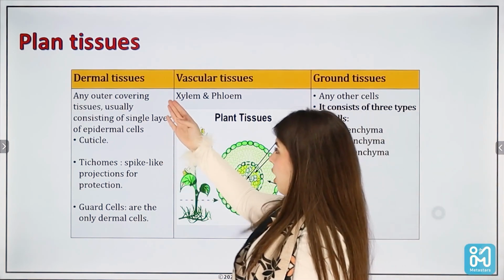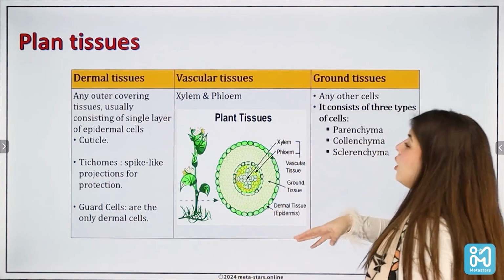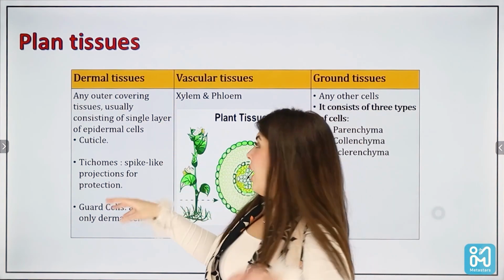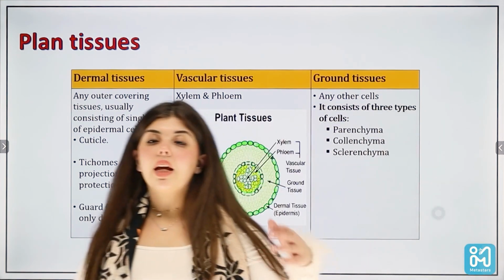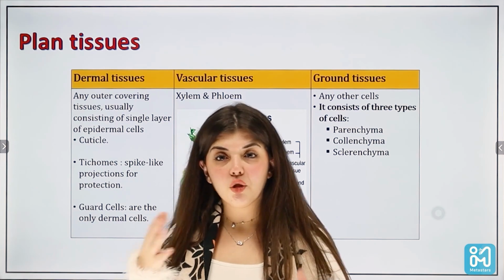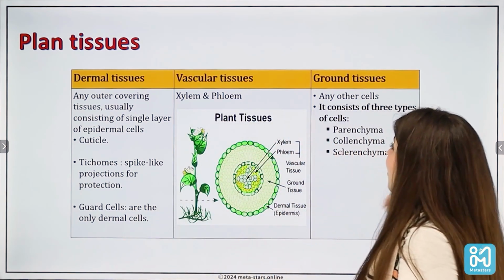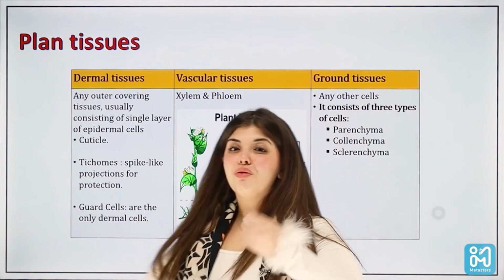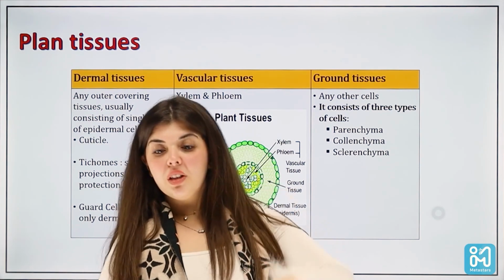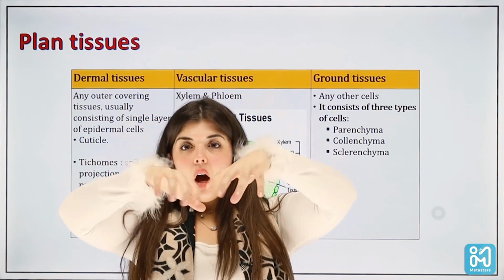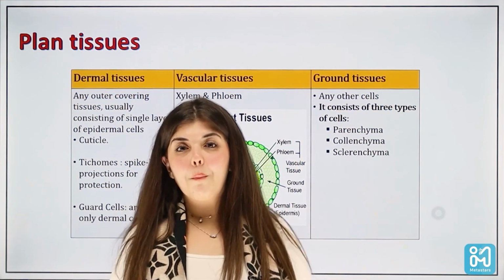So dermal tissue is any outer covering tissue. In young plants, it consists of a single layer of epidermal cells, and it has a cuticle and trichomes. Vascular tissue forms vessels that transport material from the root up to the top of the plant.